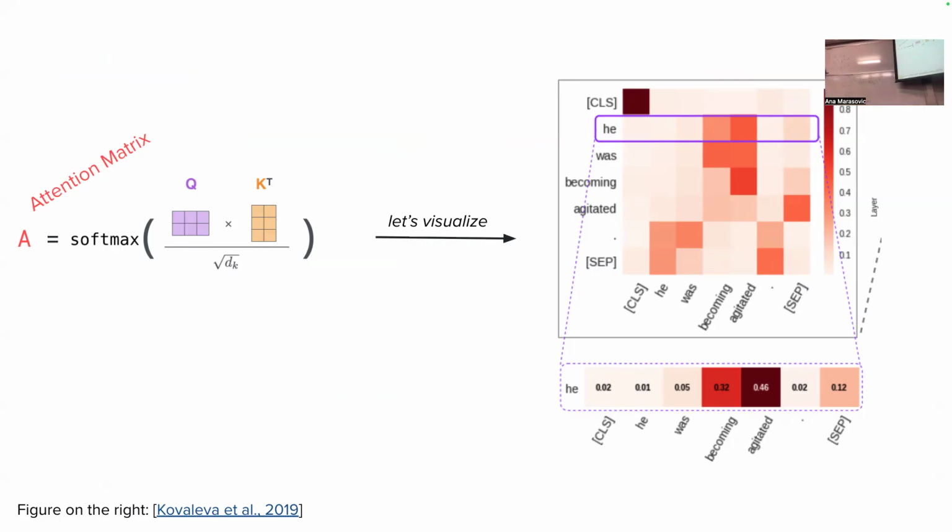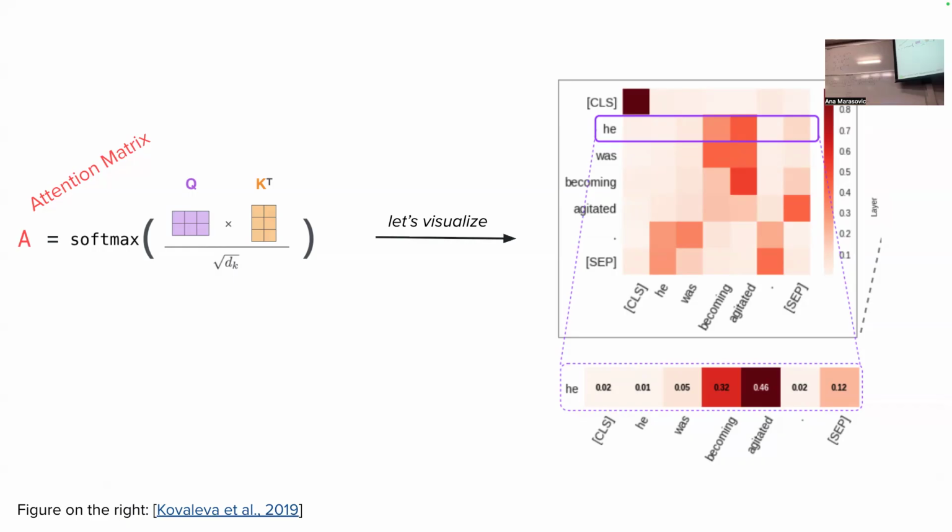Here the input is "he was becoming agitated", ignore the special CLS and separator tokens. And what you can see here is that for the token "he", it turns out that the tokens "becoming agitated" have quite high importance. And the reason for that could be that this attention mechanism is specializing to capture something like subject-verb relation.